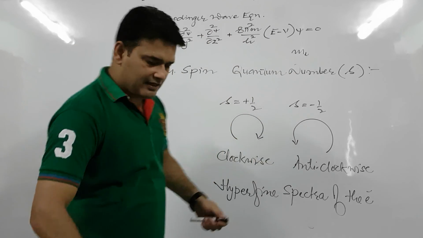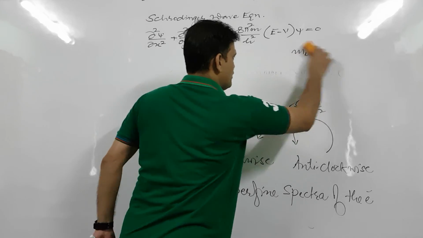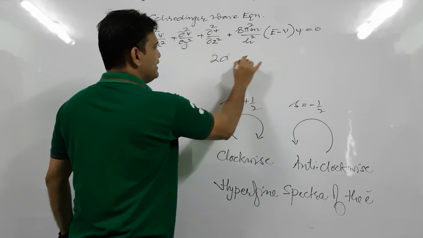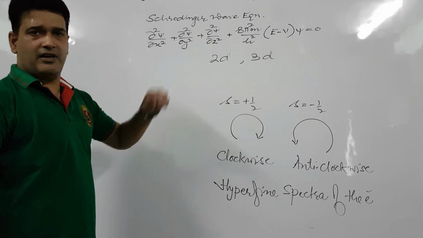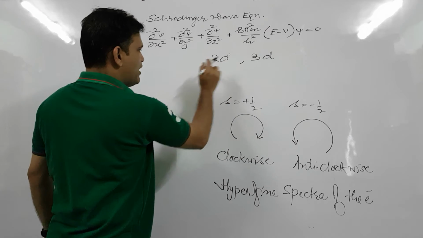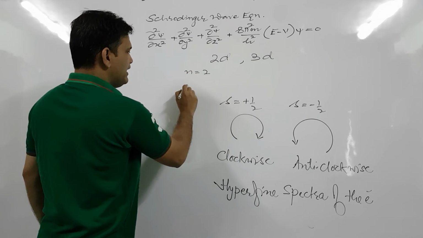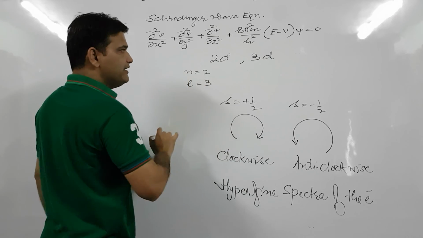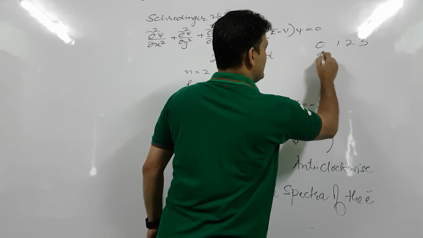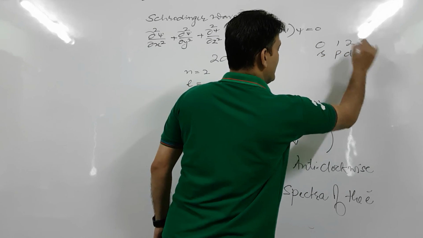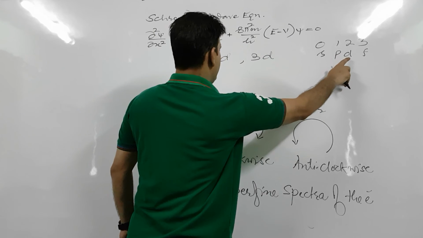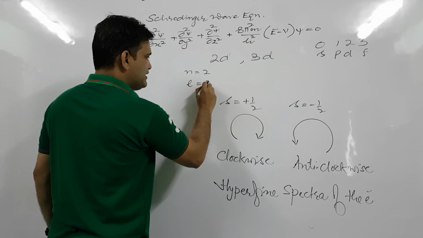And the other important aspect of quantum numbers is that if I ask out of 2D and 3D which is possible and which is not, this can be explained by the quantum numbers only. For example, for 2D, n is equal to 2, and for D, L is equal to 2.